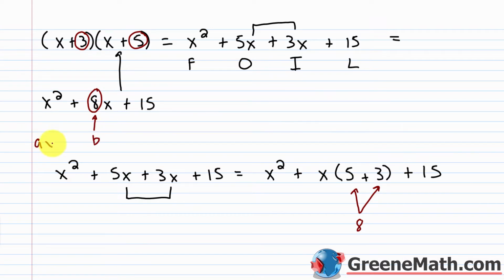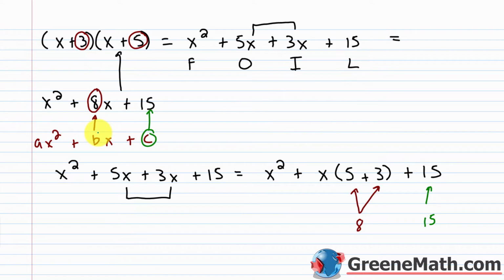We have ax squared plus bx plus c, so b in this case is 8. Notice that those 2 integers sum to give you 8. I also want you to notice that those same 2 integers multiply to give you 15. C is 15 in this case. So you're looking for 2 integers whose sum is b and whose product is c. That's what you're looking to find here.